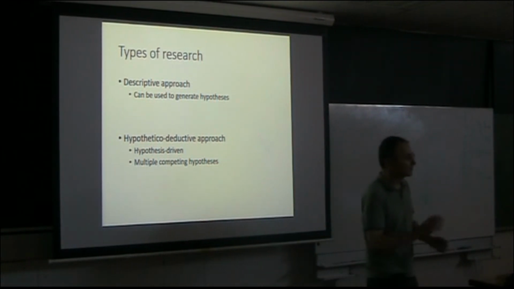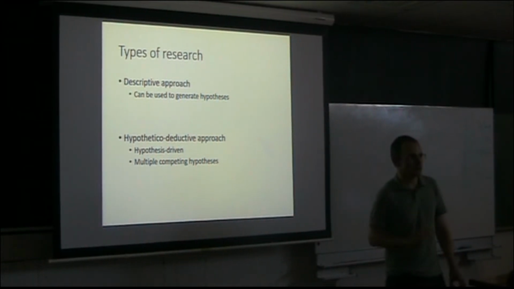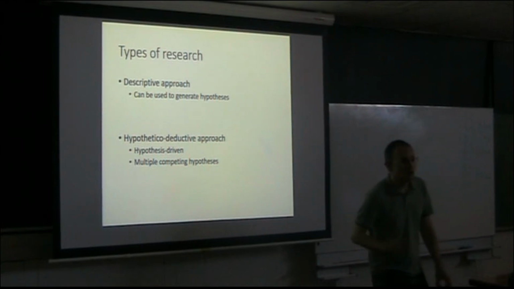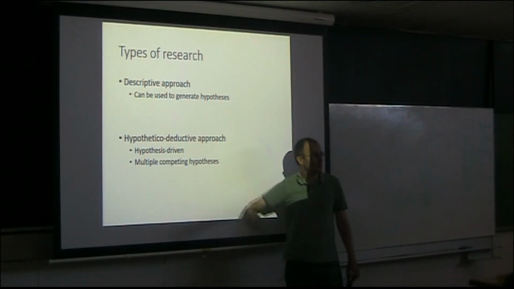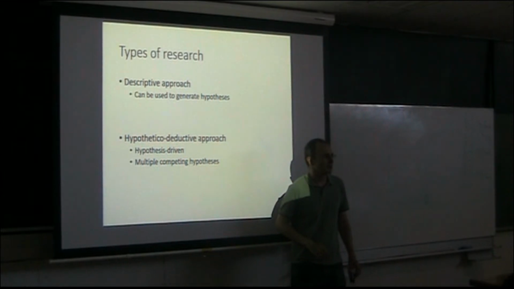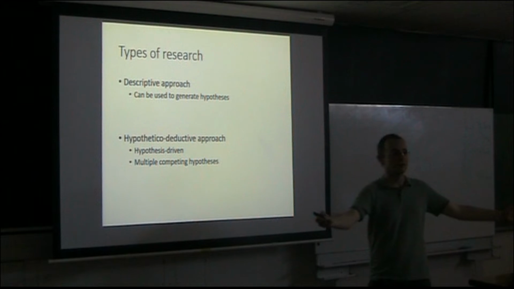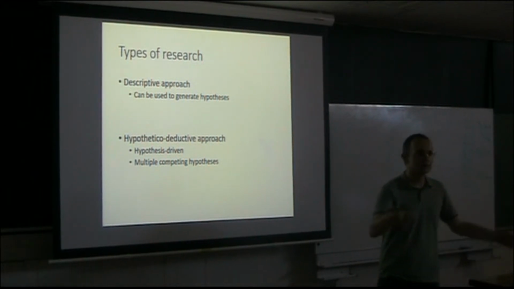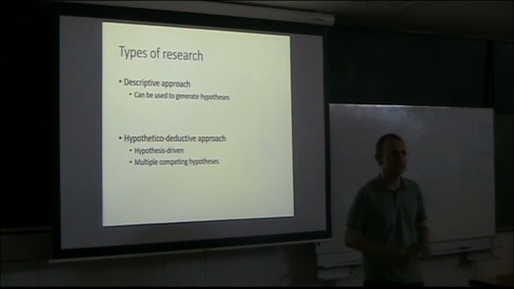So it's completely fine to follow the descriptive approach, because that is the foundation of being able to generate a hypothesis. Once you've described a whole bunch of vegetation across South Africa, you can say the vegetation changes across all these environmental gradients.